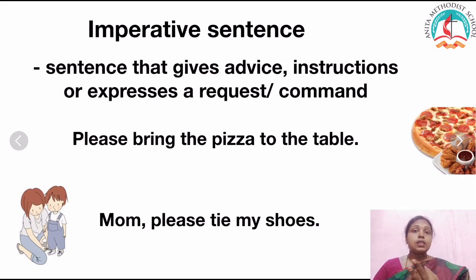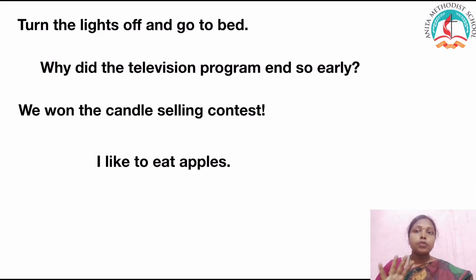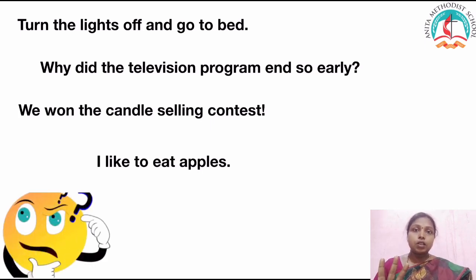An exclamatory sentence is where we show our emotions or feelings. We use an exclamation mark. The last one is the imperative sentence, which gives you advice, instructions, or expresses a request or command. Usually we use the word please in the imperative sentence. So I hope you have understood all the four types of sentences, children.